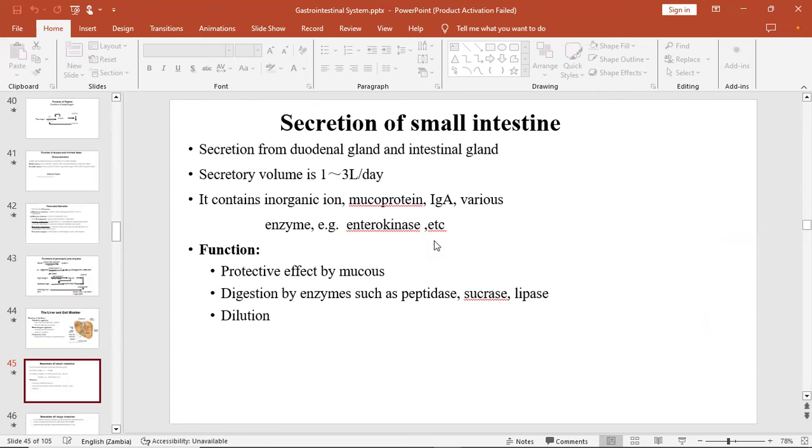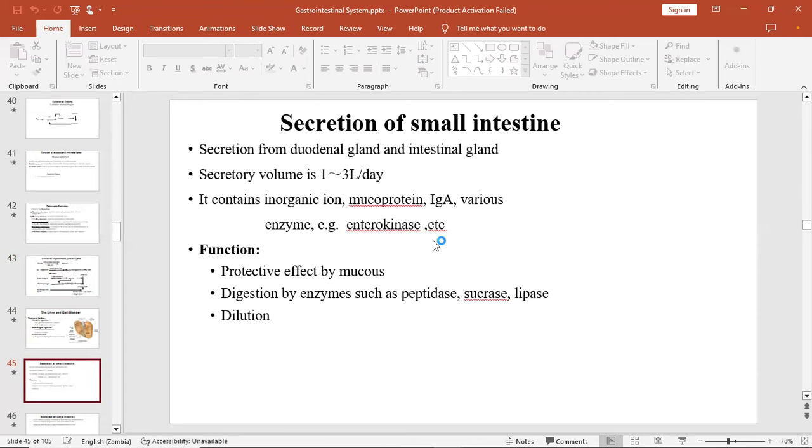Without enterokinase, we cannot commence the breaking down of proteins. There is a protective effect by mucus, digestion by enzymes such as peptidase, sucrase, lipase, and dilution. In the small intestine, a lot of fluid is produced, like water for dilution, which when there's oversecretion can cause diarrhea, right?